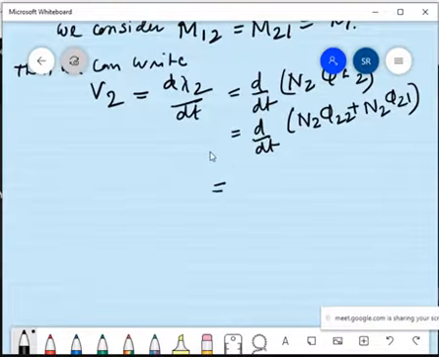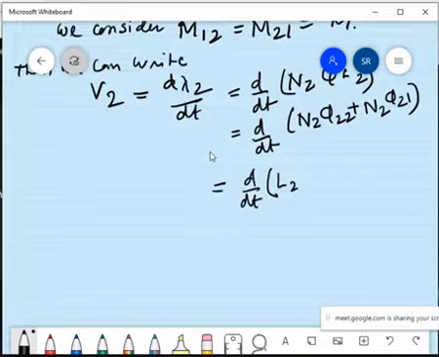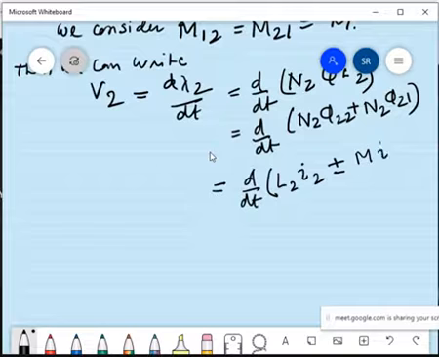Or we can write this is equal to d/dt of L2 I2 plus minus, just as previous one, M I2.